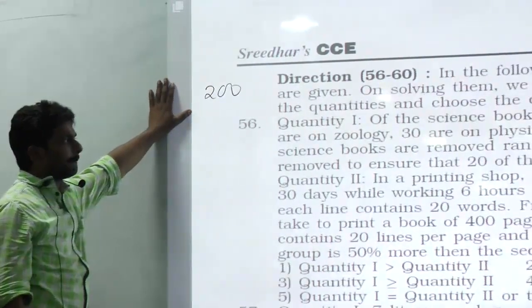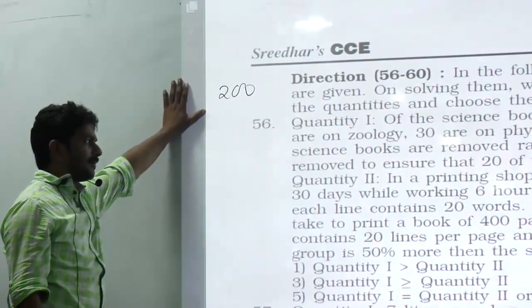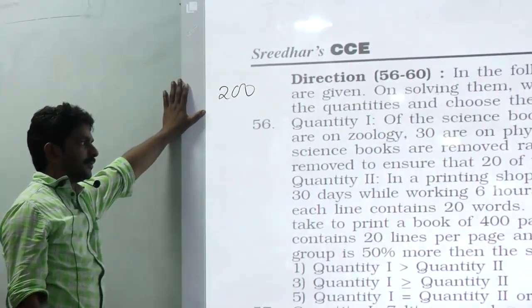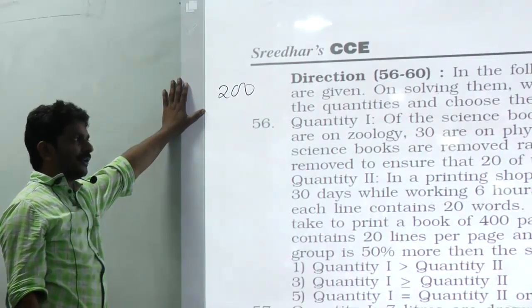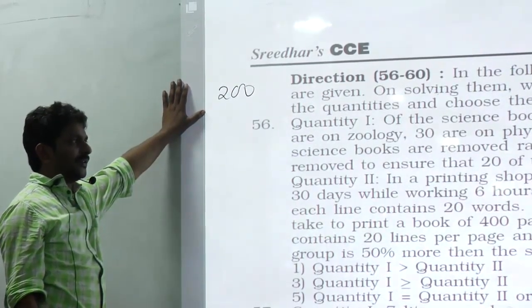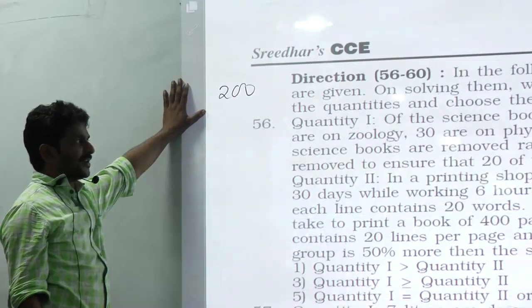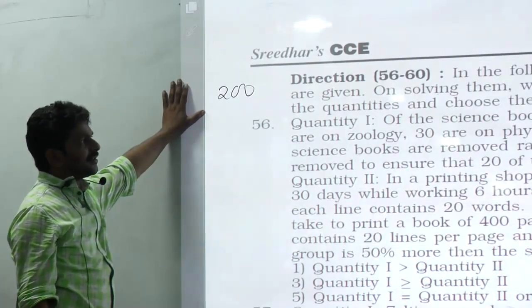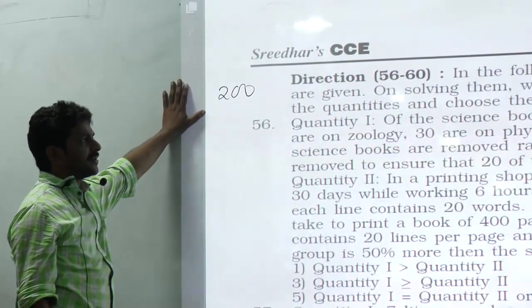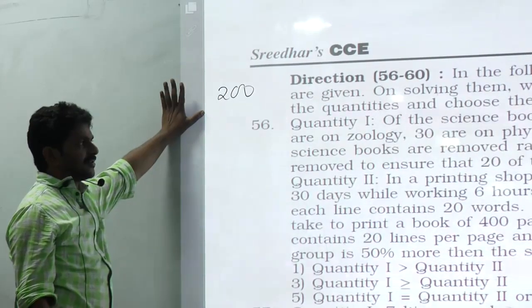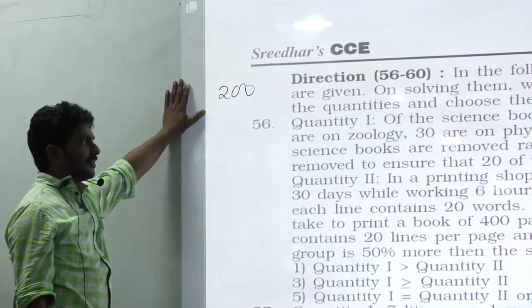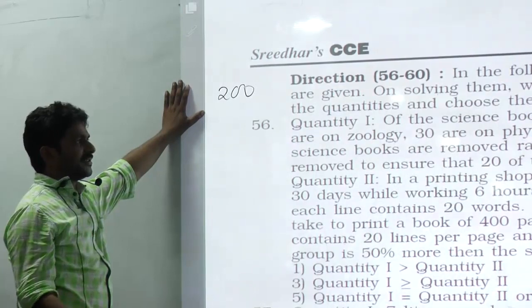All are science. How many must be removed to ensure that 20 of the books removed are on the same science subject?